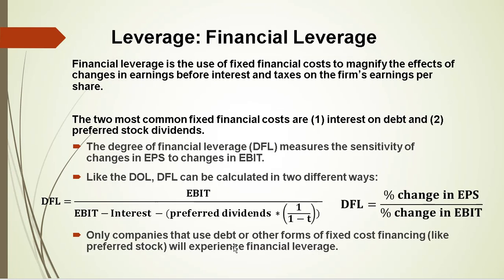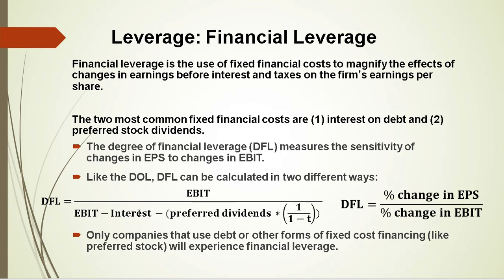The degree of financial leverage, again, is a similar kind of concept. As leverage increases, it magnifies potential returns. So in this case, we're looking at EBIT divided by the operating profit minus any interest expense, minus any preferred dividends that are ultimately weighted by the tax rate that's paid.